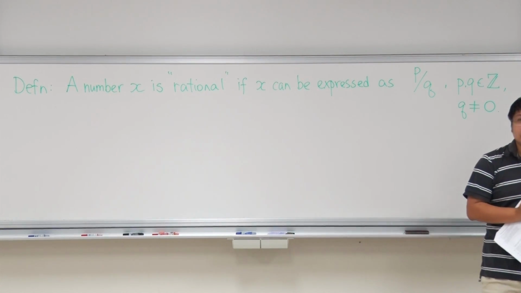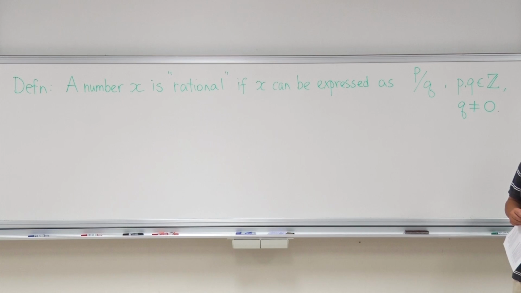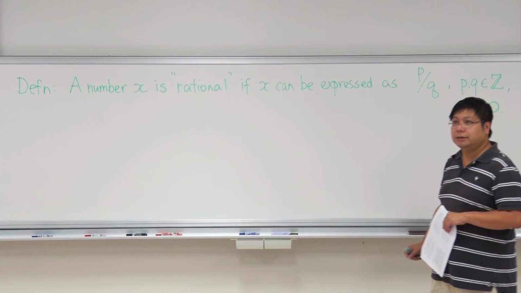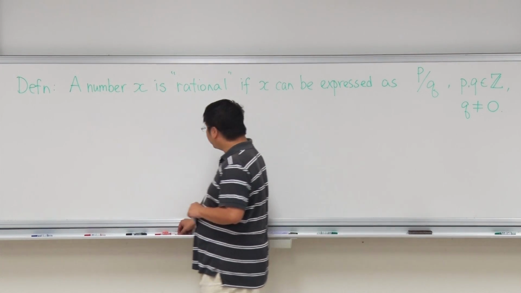Is that okay? So this is called rational. Otherwise, the number x is called irrational. This is the definition of a rational number.